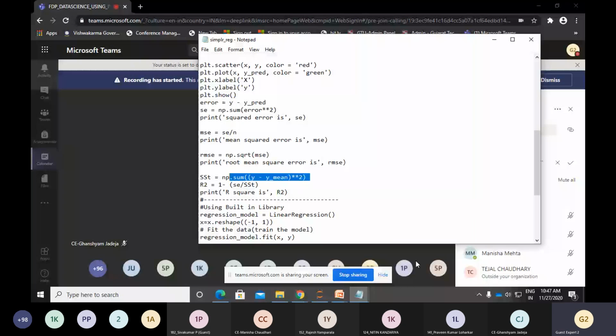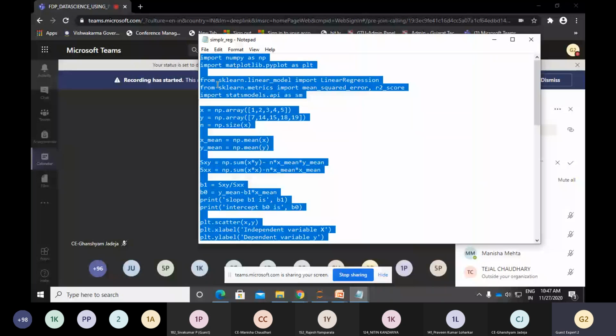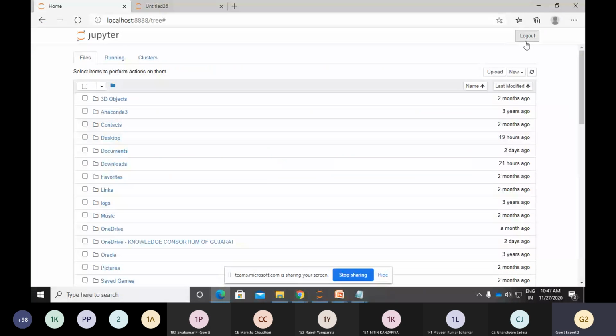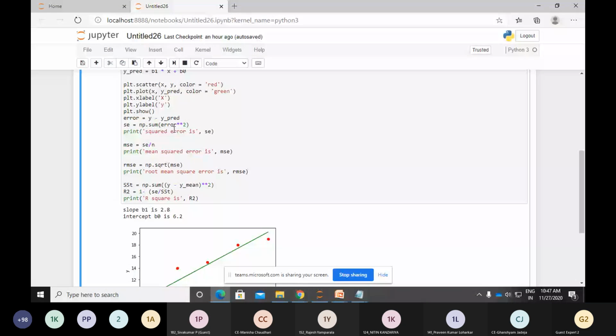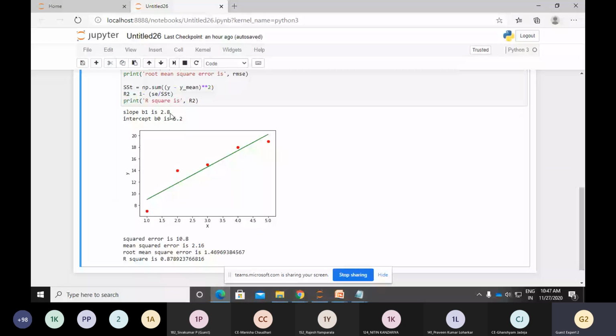Okay. So this is how we have implemented in Python what I have shown you in the slide. This is our program and this is the output. The value of theta 1 is 2.8, the value of theta 0 is 6.2.